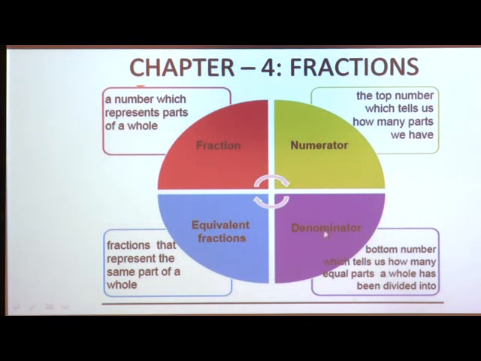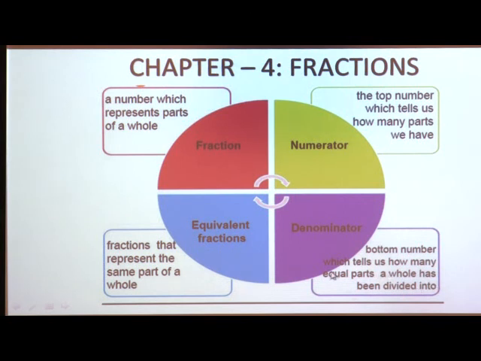Then what is the denominator? We write fractions in the form of a numerator and a denominator. The denominator is the bottom number, which tells us how many equal parts a whole has been divided into.